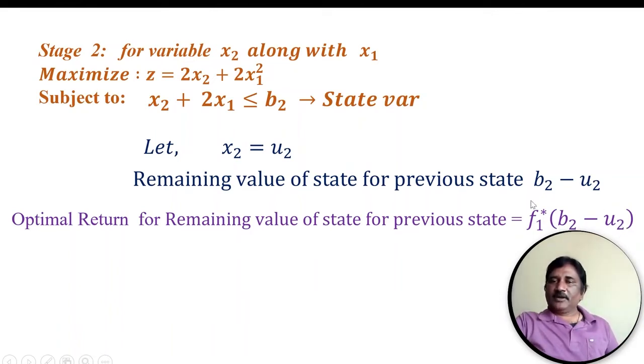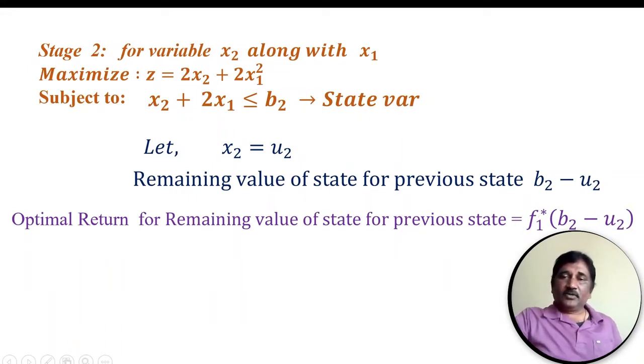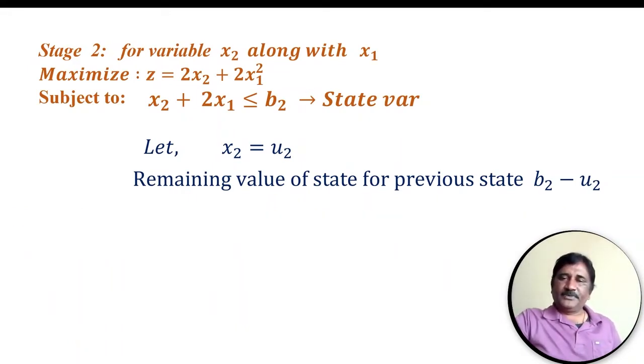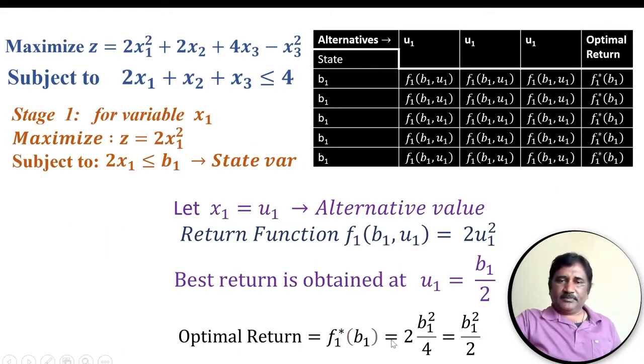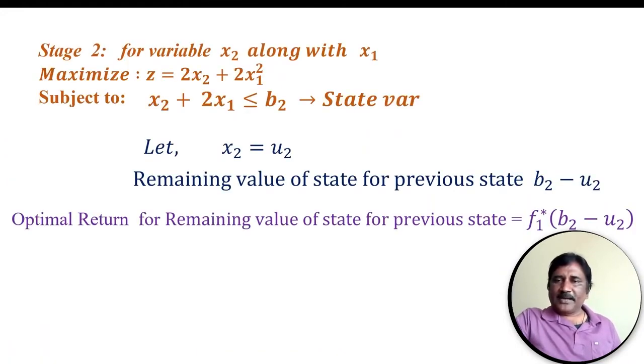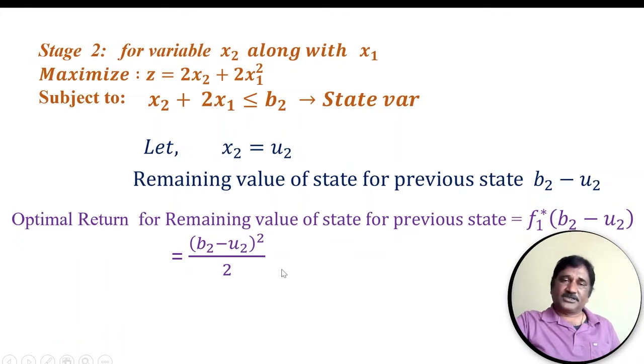Now we already know from my previous stage that for F1 star b1 I get the optimal return as b1 square, that is this argument square divided by 2. So as soon as I change my argument or parameter to b2 minus u2, the optimal return will come as b2 minus u2 square by 2, right?